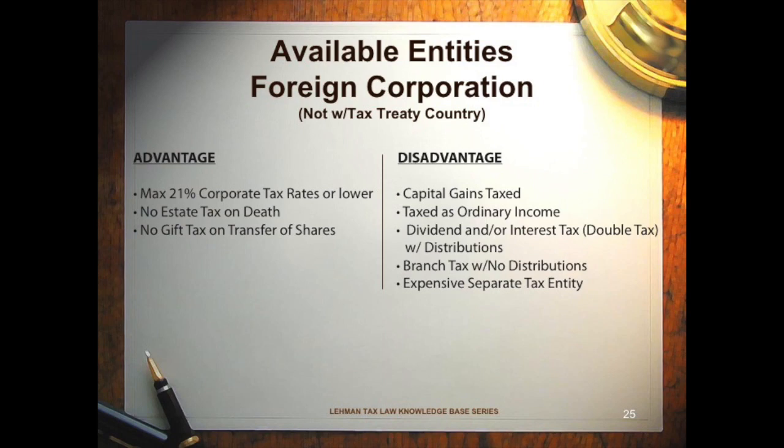And if one doesn't know what they're doing, and they start to declare dividends without having planned for this, they may have a double tax: a sale by the corporation that made a U.S. profit, and then a U.S. dividend that's paid out of those U.S. profits.